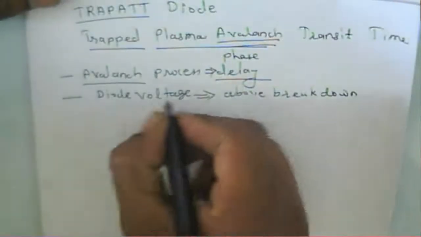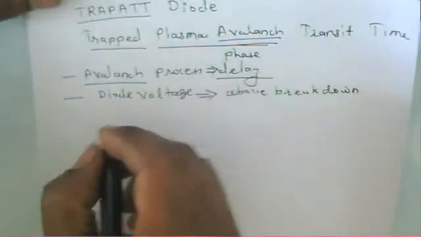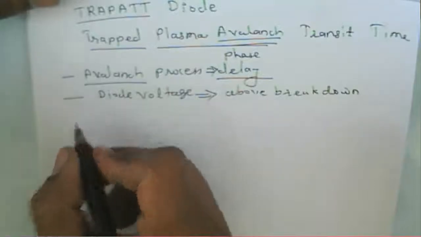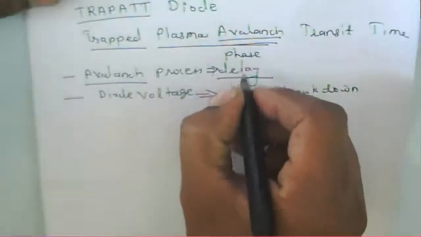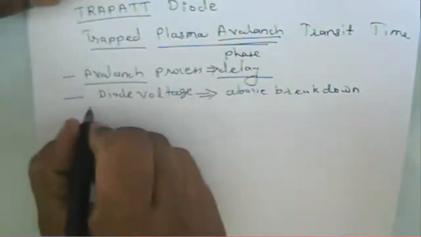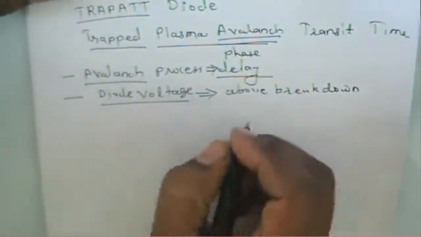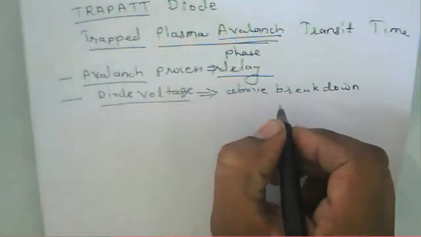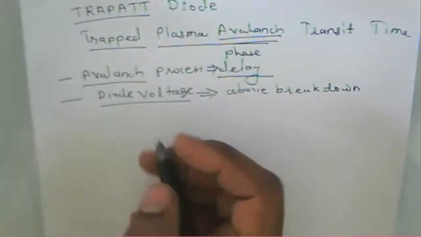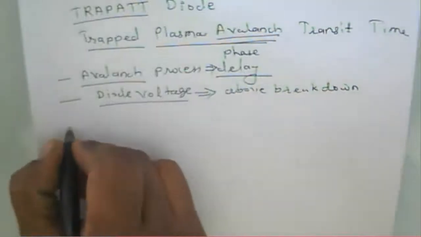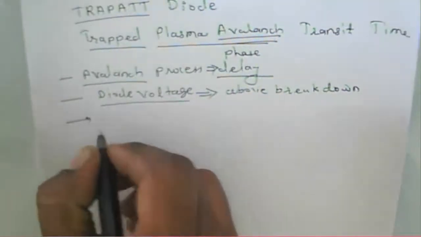So the avalanche process produces a phase delay in the current when the applied bias is above the breakdown voltage. Then this avalanche process takes place.